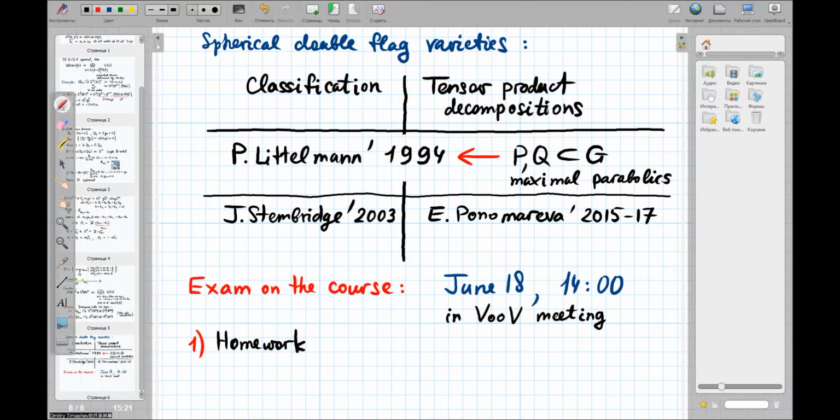No, let me explain. So let me first explain the procedure, and then maybe some questions will become clear, and the others you can ask. So the results of the homework will compose half of the final grade.